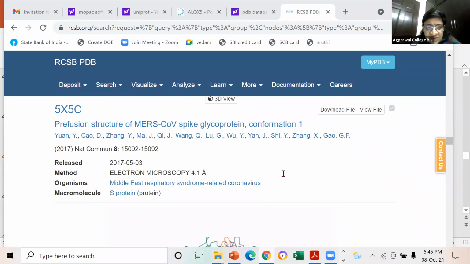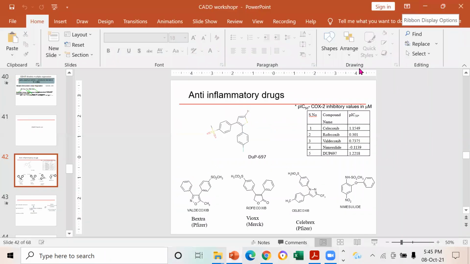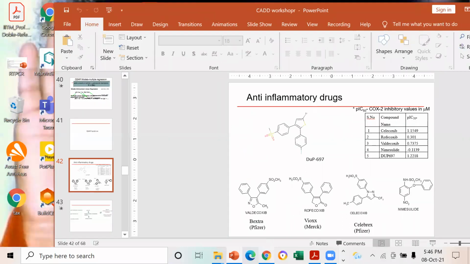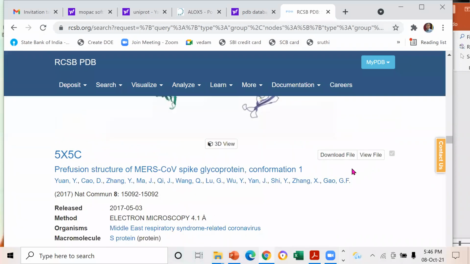Someone is asking if any specific software is required to do so. Yeah, I will show you. That's also free software. You can download it. It's called UCSF Chimera. So we can say download file.